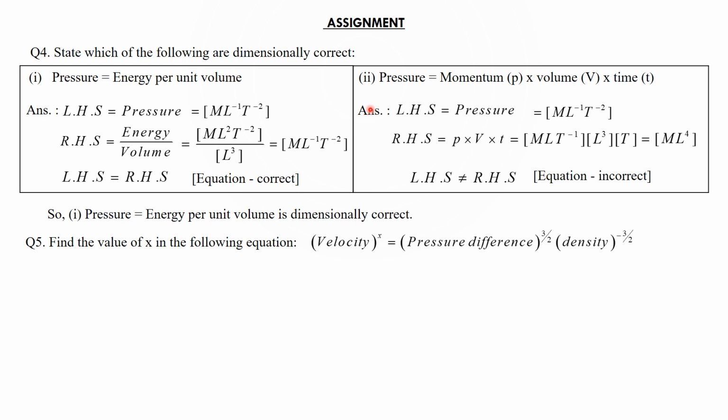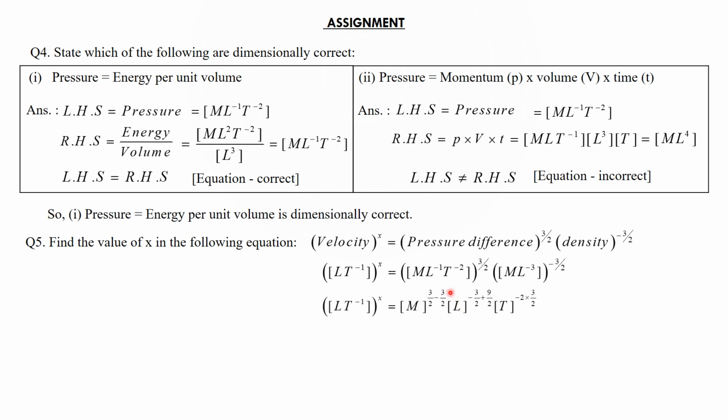Okay, now we have to find the value of x in this equation. Velocity to the power of x, pressure to the power of 3 by 2, density to the power of minus 3 by 2. What we did, we put the dimensions of all the quantities. Okay, now let's solve. LHS remains as such. In RHS, we separated the terms, so it is M to the power of plus 3 by 2, and then this, so minus 3 by 2.